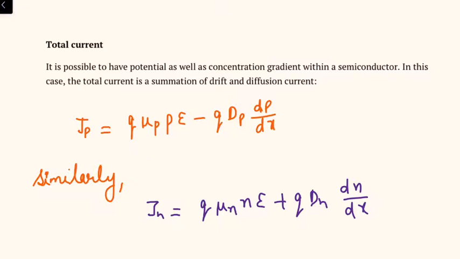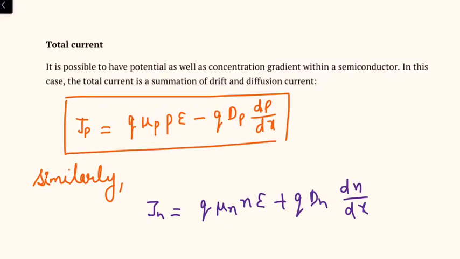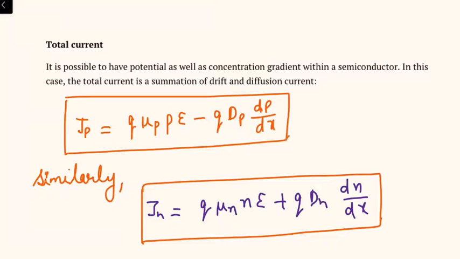So these are the two important relations we find: the current in a semiconductor due to holes and the current in a semiconductor due to electrons.